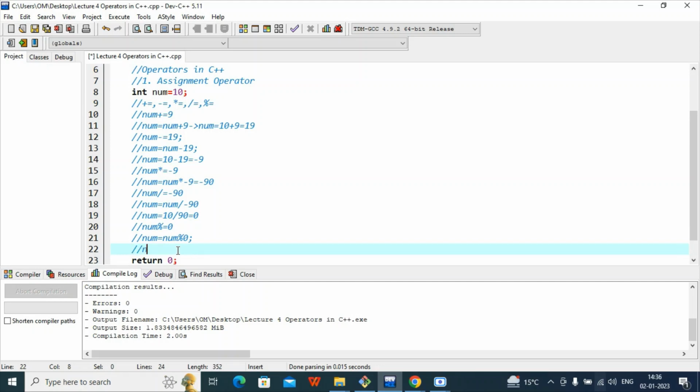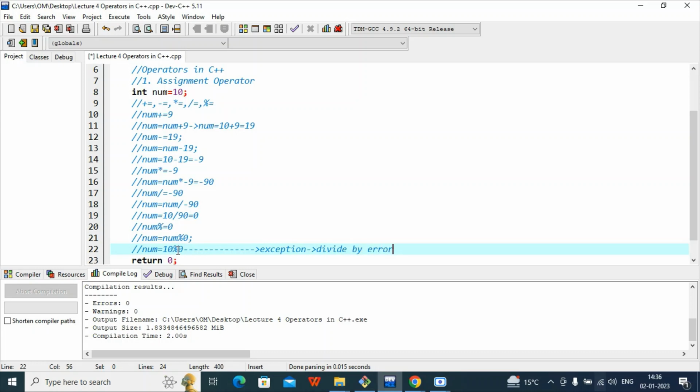Num equals to 10 modulo 0. I think it will give you something as an exceptional case. You know, what will it give you? It will give you a divide by 0 error.